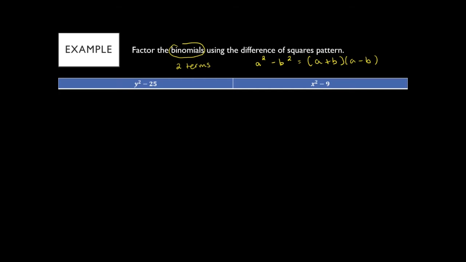So obviously you look at the y squared and you're like, yes, that is something squared. But 25 is not squared. But 25 can be rewritten as something squared. 25 is the same as 5 squared, because 5 times 5 gives you 25.